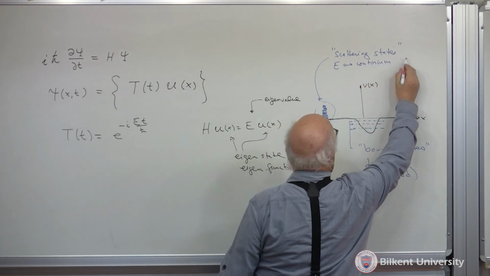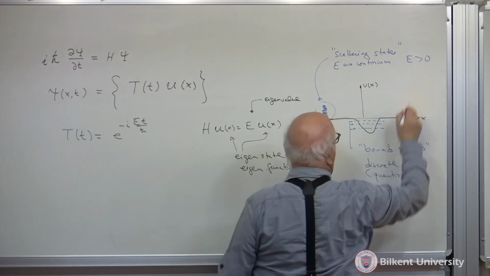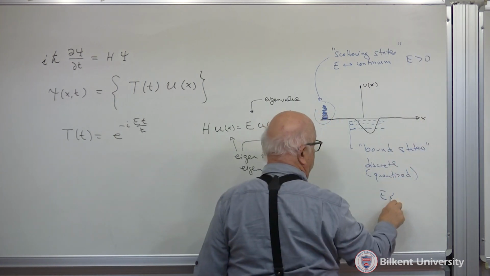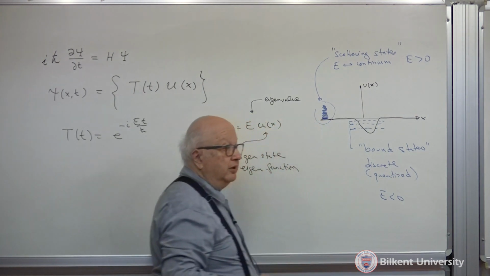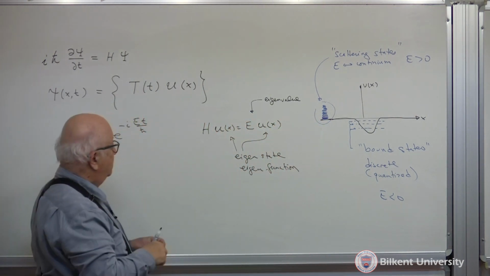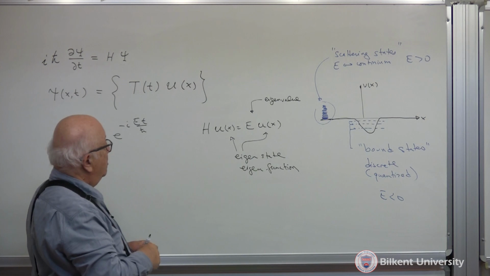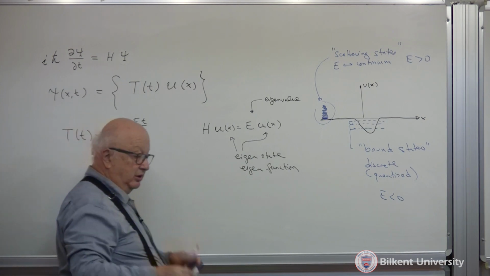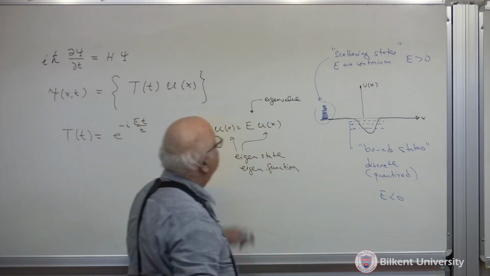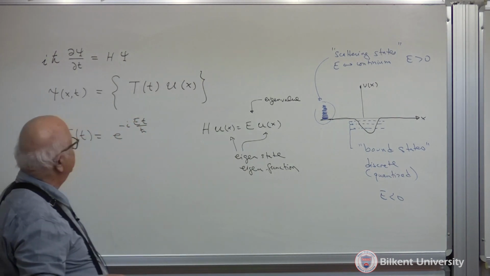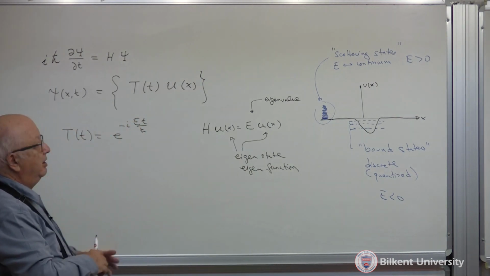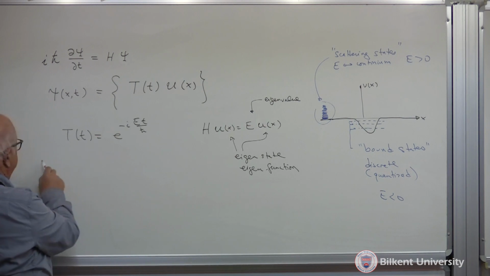Okay, so these are for E greater than 0, and these are for E less than 0. All right, so we'll return to scattering states later, but for the time being, let's look at the bound states.